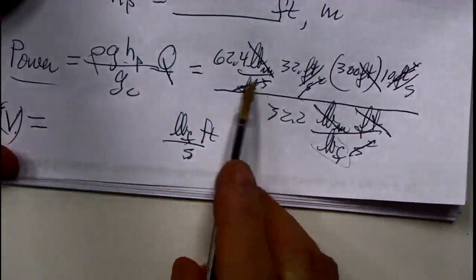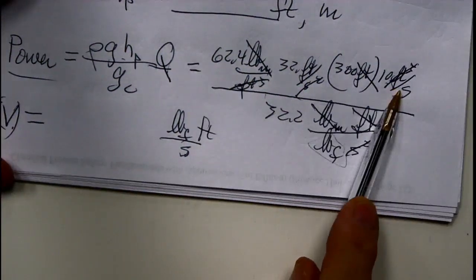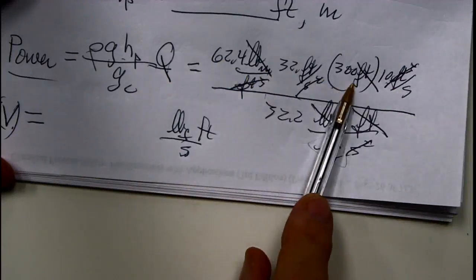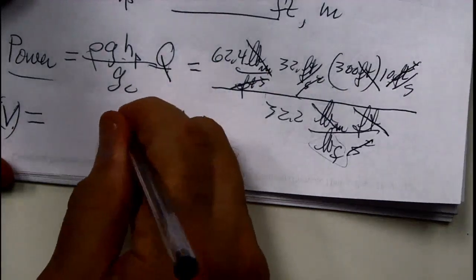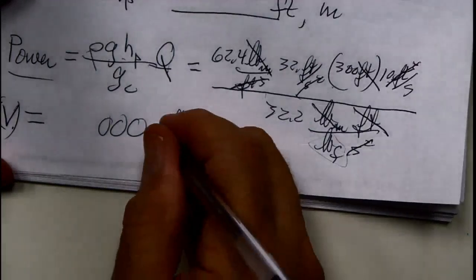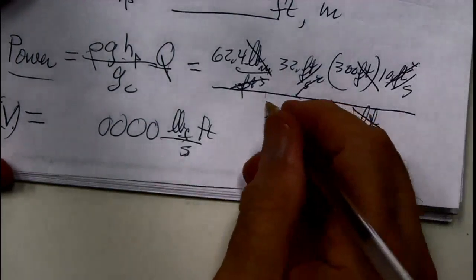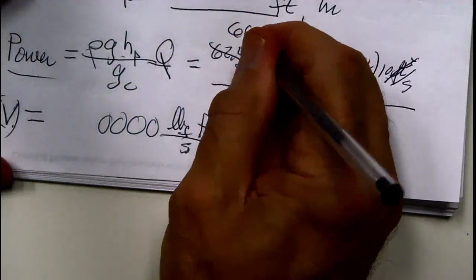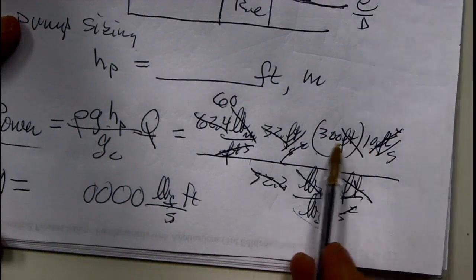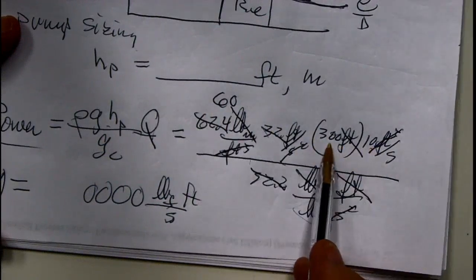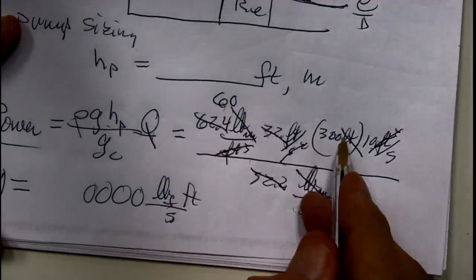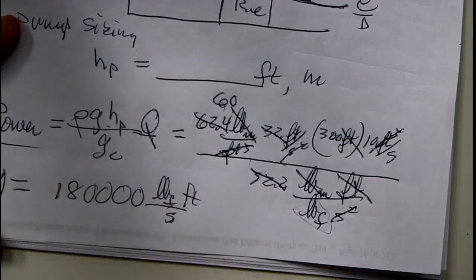And foot per second, I have about 60 times 300 times 10, or 60 times 3,000. Another zero, right? This cancels that, and I'm going to claim this is essentially 60. Again, 60 times 3,000: 6 times 3 plus the collection of zeros, 1, 2, 3, 4 zeros, and 6 times 3 is 18.